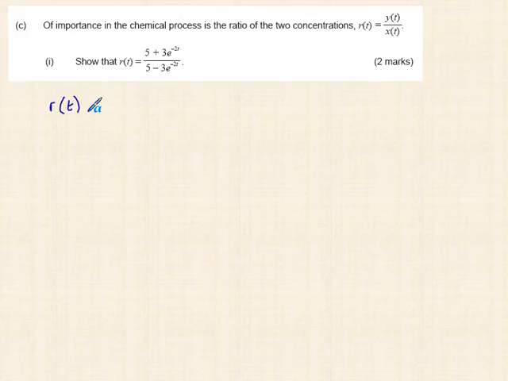R of t is equal to y of t divided by x of t.